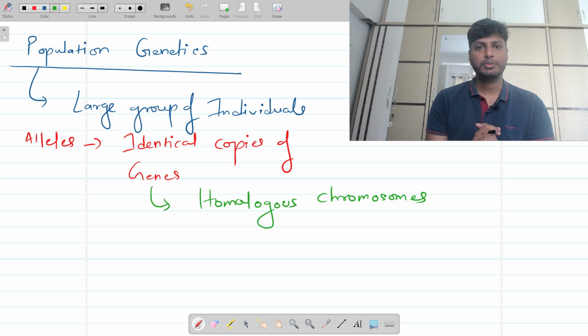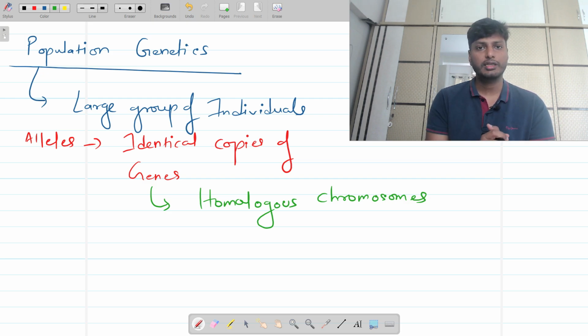For example, let's say there is one population A and one population B. Population A has dark red color eyes and population B has dark brown color eyes. We can study over a period of time what is the change in the characteristic of population A with respect to their eye color.